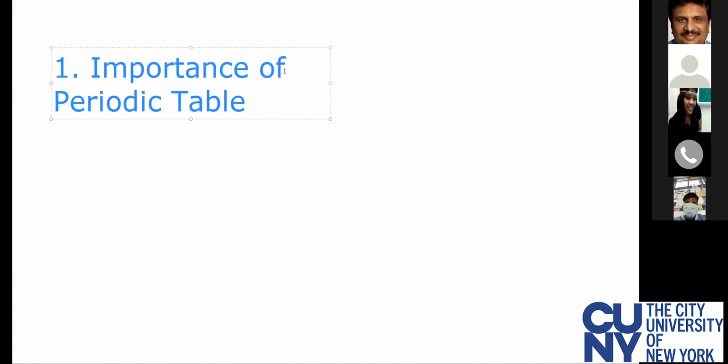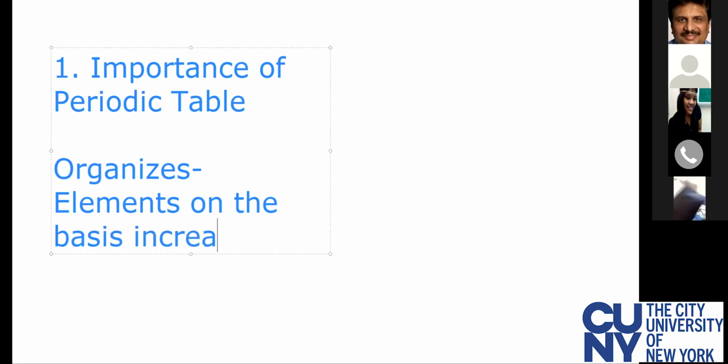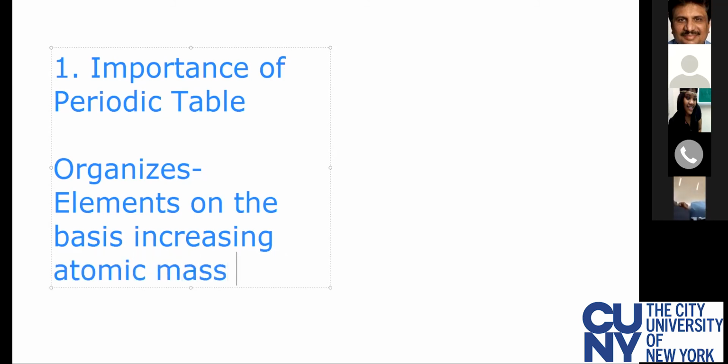The periodic table organizes elements on the basis of increasing atomic mass and atomic number.